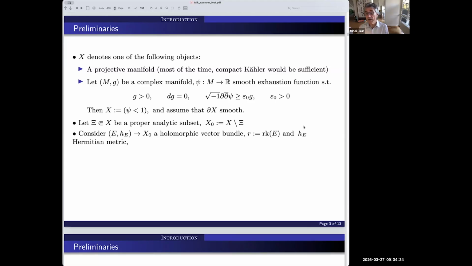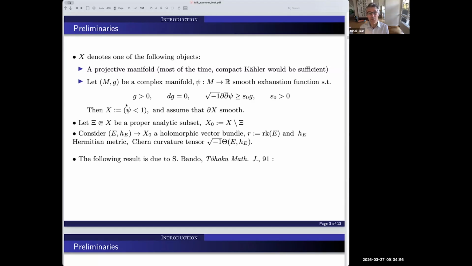And let's take a metric h_E also on this bundle, for which the Chern curvature tensor will be denoted like this, iΘ(E, h_E). Of course, we always fix metrics because if there is no metric, then there is no geometry, right?